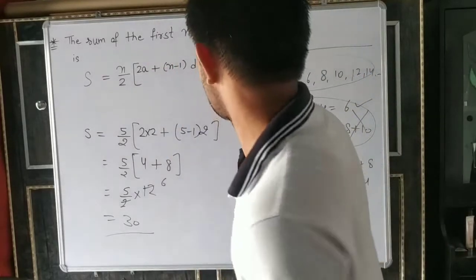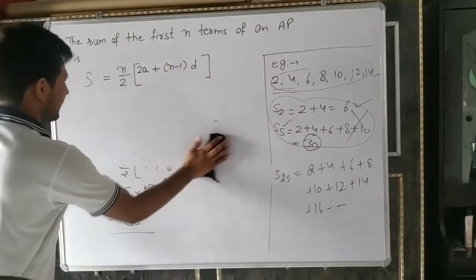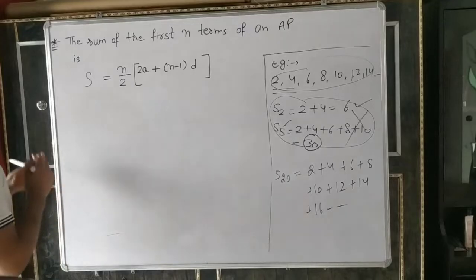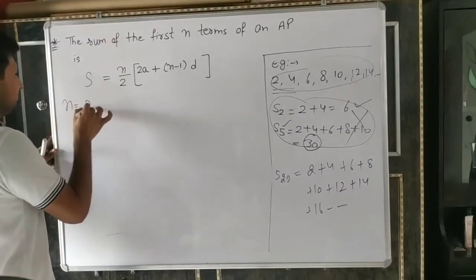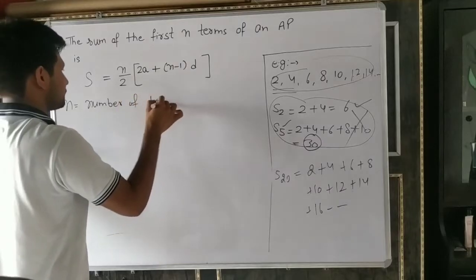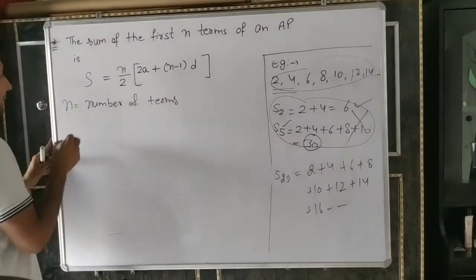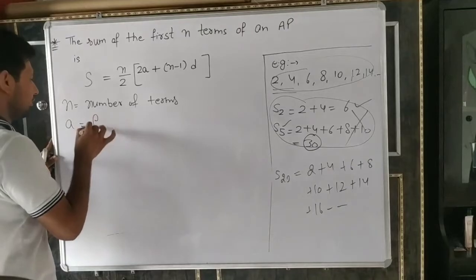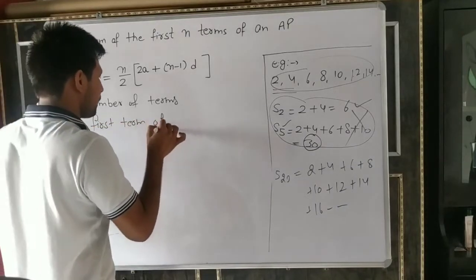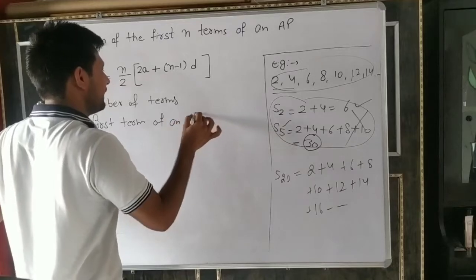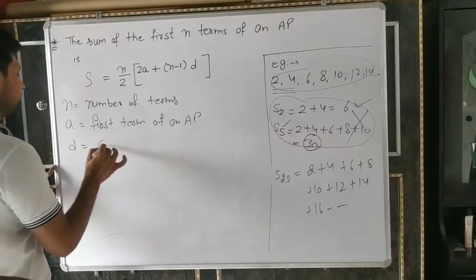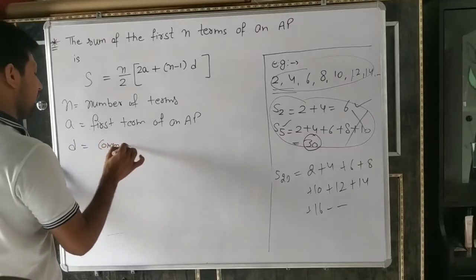Otherwise, you can write here, if you want to write, what is a, what is n? n means number of terms, a equals the first term of an AP, and what remains? d. d is the common difference.